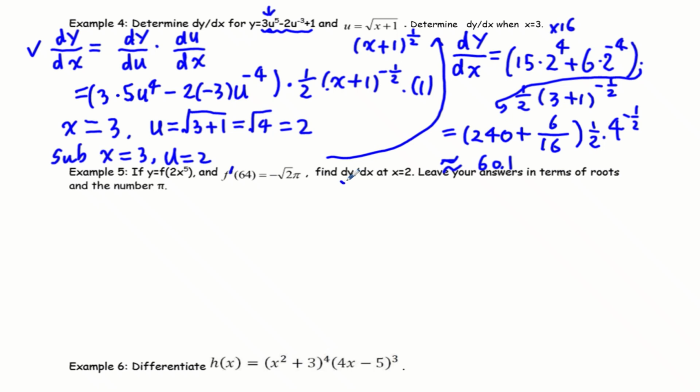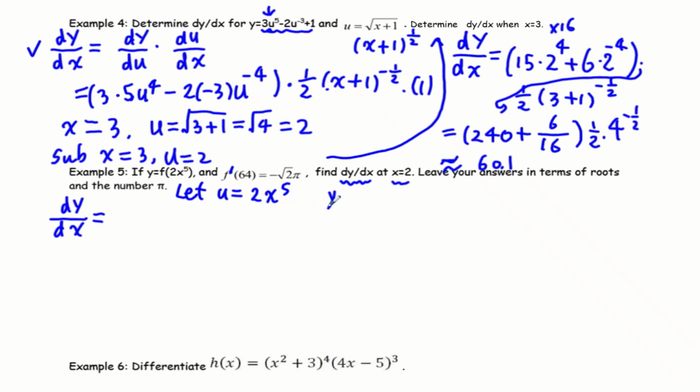It asks you to find the derivative dy over dx at x equals 2. So we are going to find dy over dx. We are going to let u equal the input of function f at x. So 2x to the exponent 5 is our u.